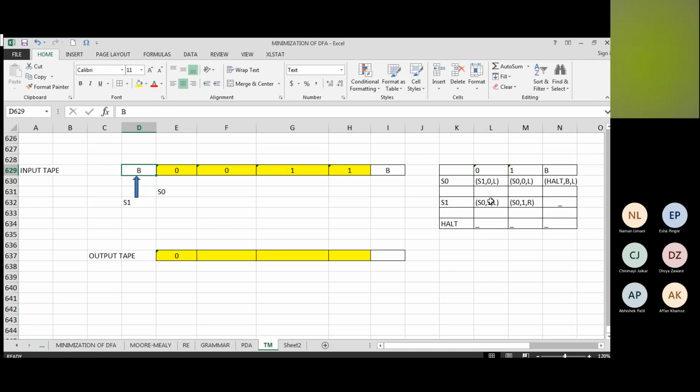Right, it's in S1. For S1, S0 when processing 0 gives you next state as S1. 0 is kept as 0 and it moves to left.